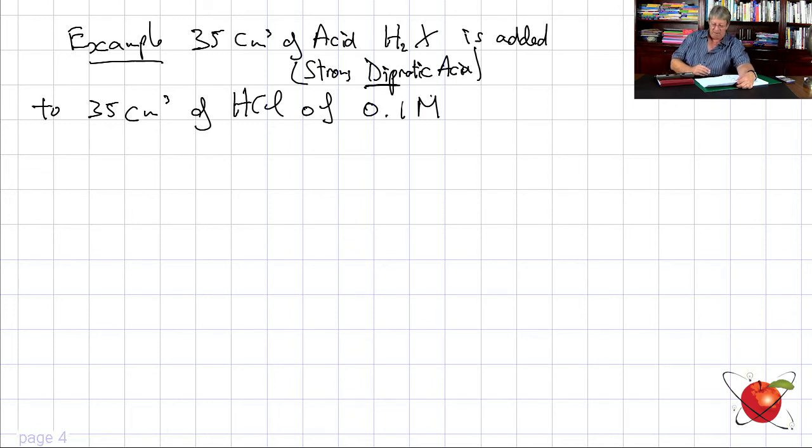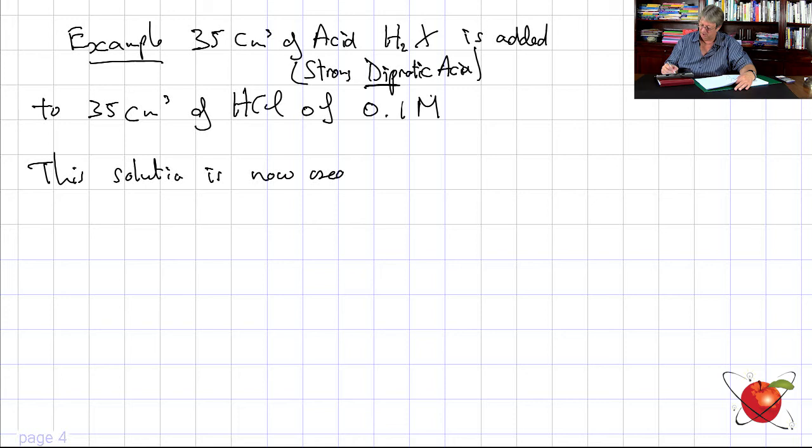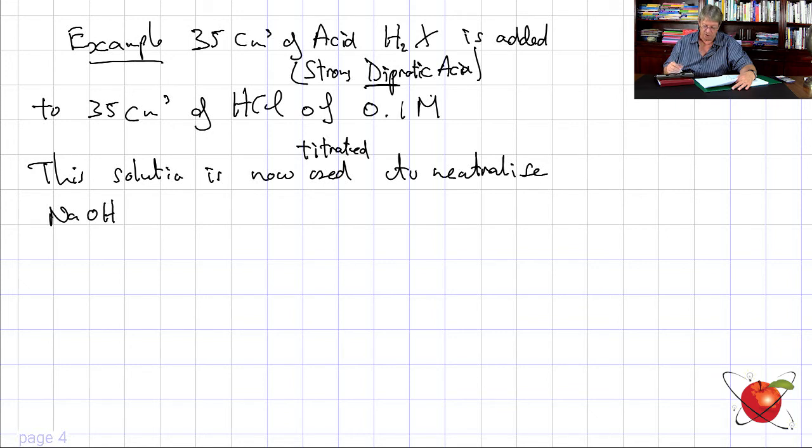Okay, 0.1 M. This solution is now used, or titrated, to neutralize NaOH of concentration equal to 0.15 moles per decimeter cubed completely.